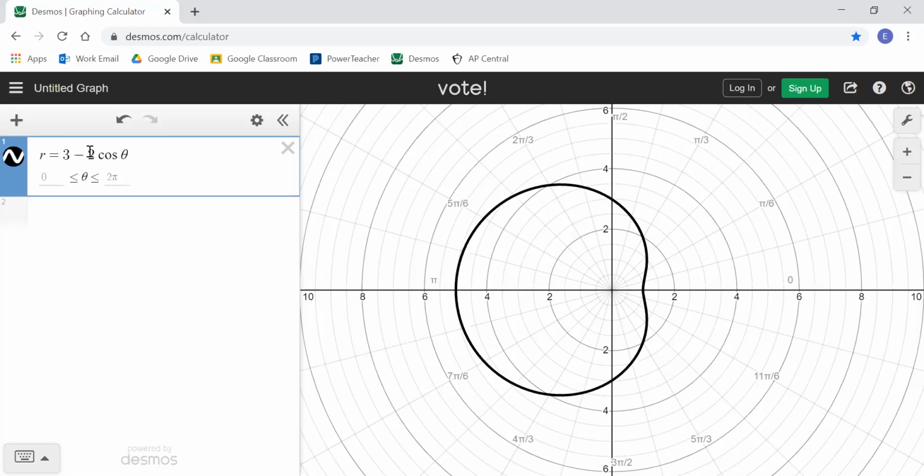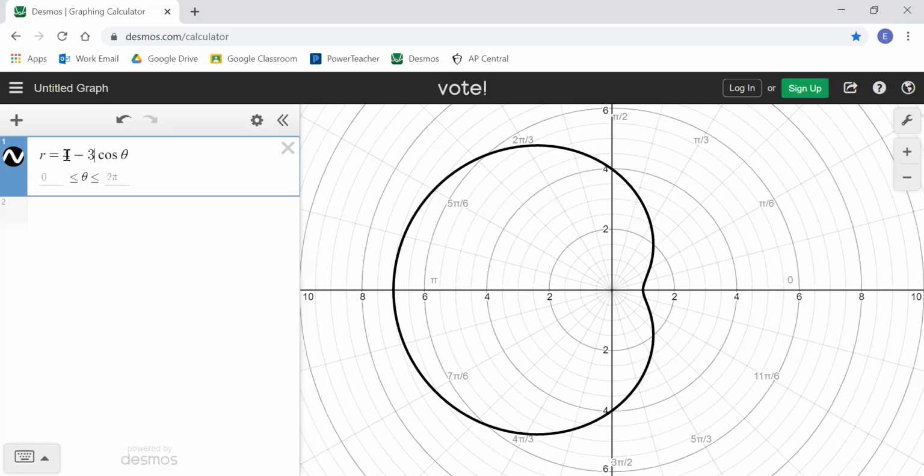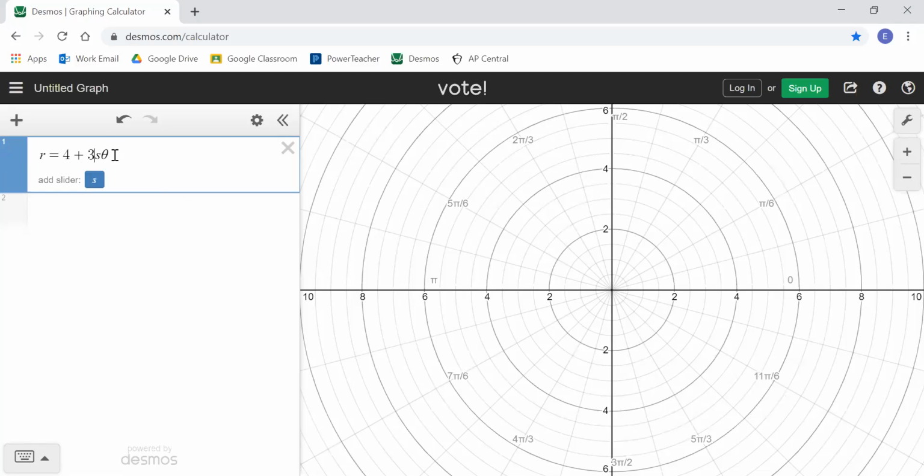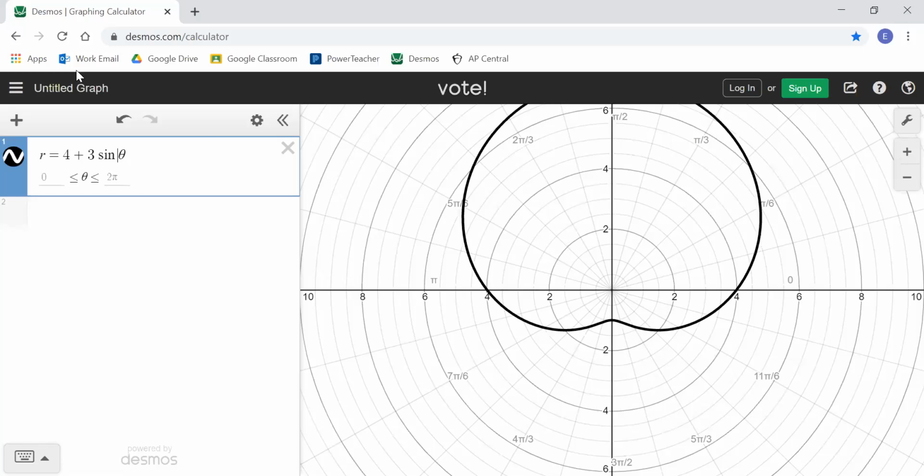If I made this 4 minus 3 cosine theta, we'd see that it's still got that same thing going on, but it's still at 1 because a minus b is still 1, but out here it's gone out to 7. If I change it to a plus, same things apply, it just flips around. If I made it a sine, it's going to go up.